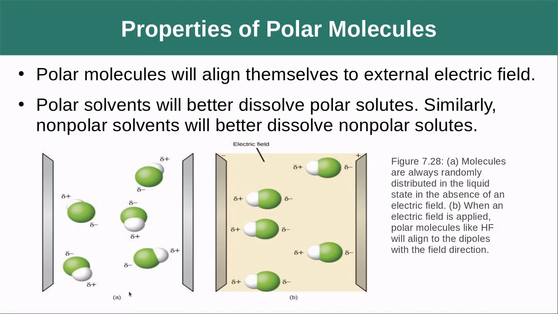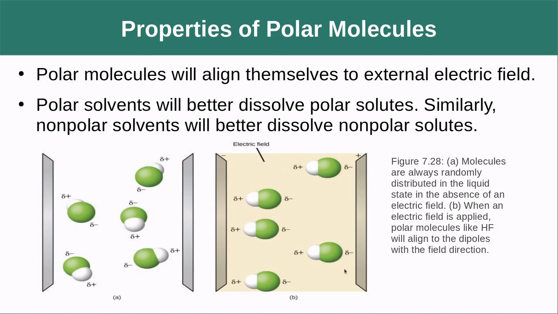Here we can picture this electric field thing. So we have these molecules floating around, arranging themselves in any old way, whichever way they feel like at any moment, and these arrangements are changing all the time.